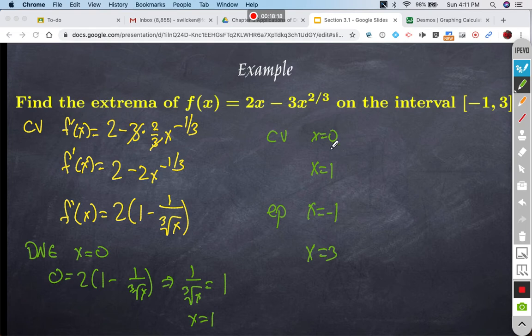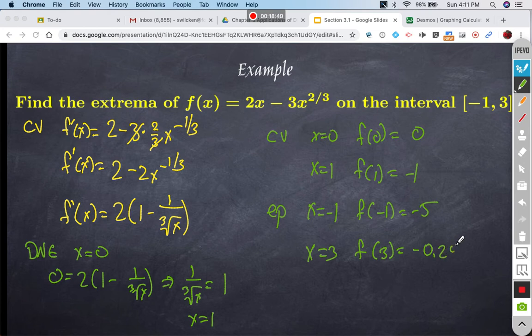So I plug all of these values into my function. F of 0 is 0. F of 1 is negative 1. F of negative 1 is a negative 5. And f of 3 is a negative 0.2403.